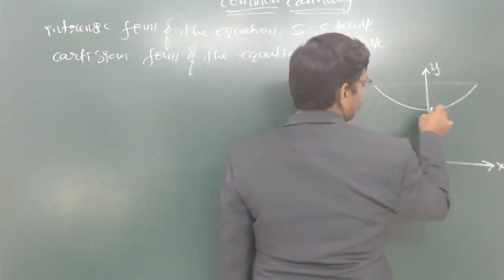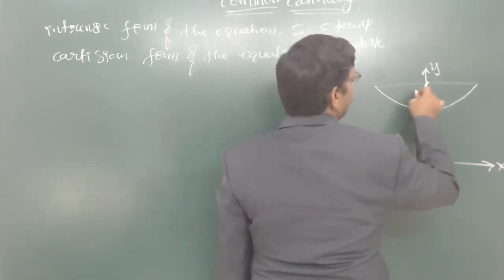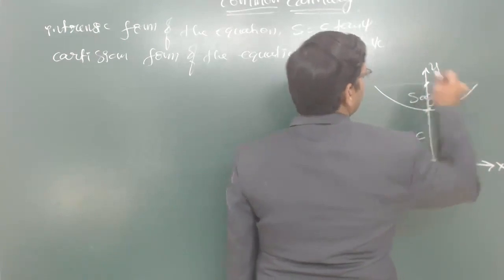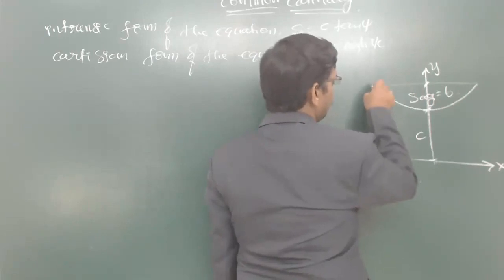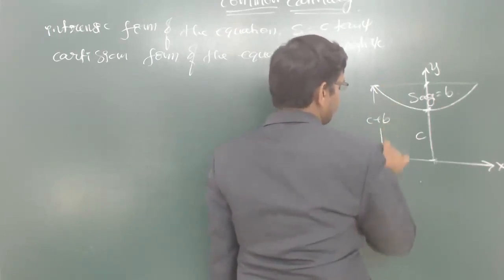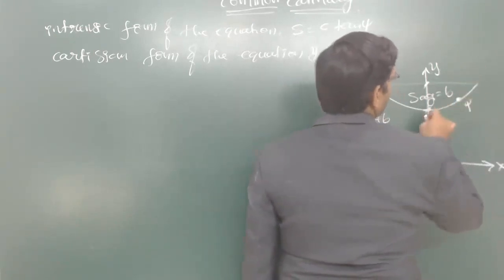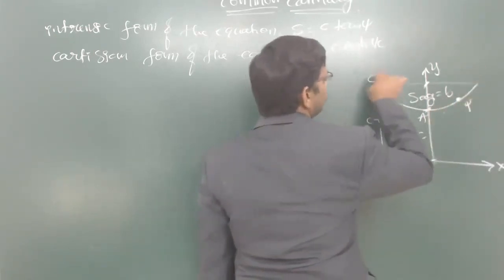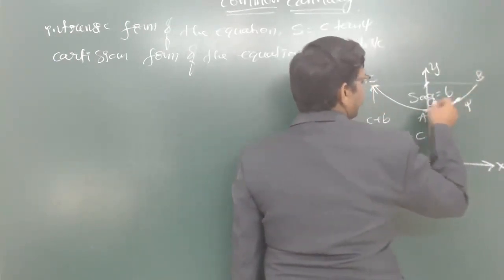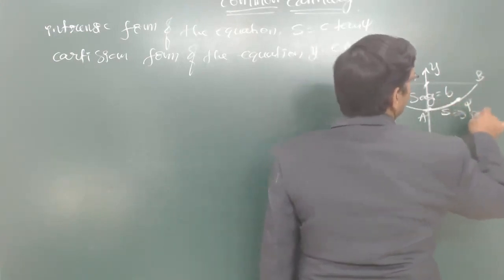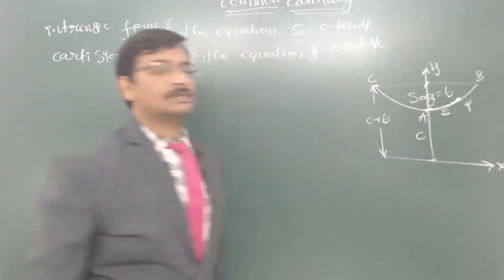Then this is usually treated as C, and this is the sag, usually represented with B. So the highest point is nothing but C plus B. And if you consider a random point P, this is treated as A, and this is C, and this is B. So AB is S.